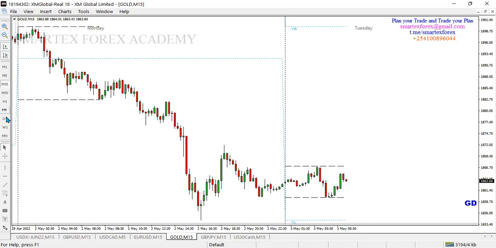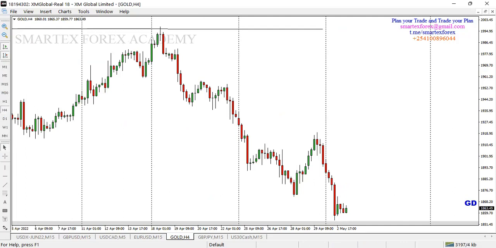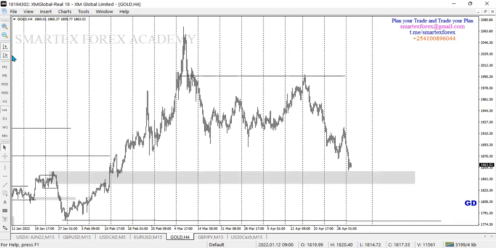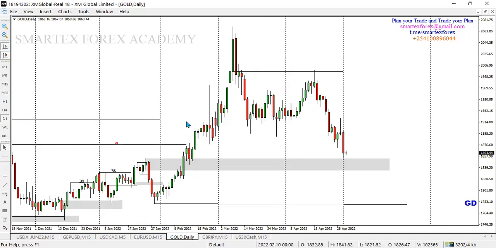And when you look at gold, we can see these zones, and that was the up move, a return to that, and then we drop. Then we have this breaker here, and that's the imbalance we expected the price to come back to. And then we have a break of structure here.